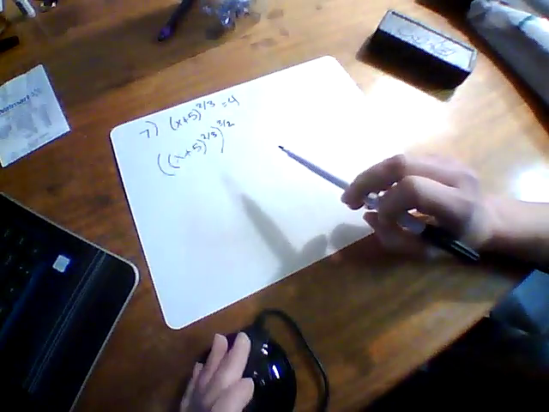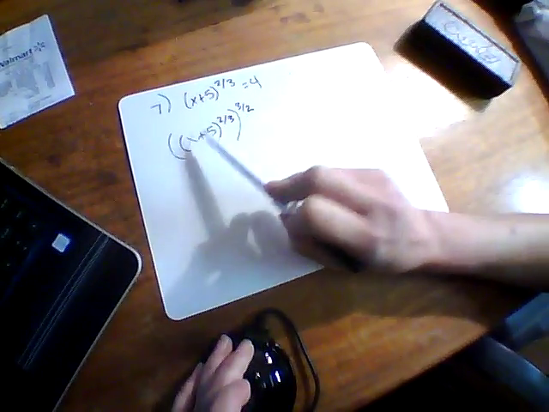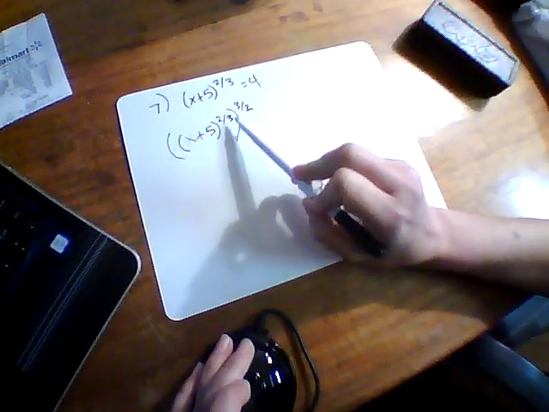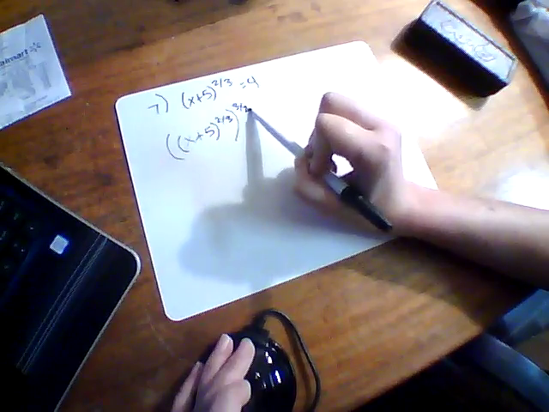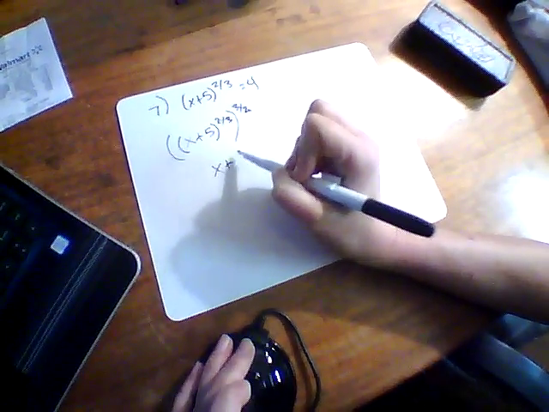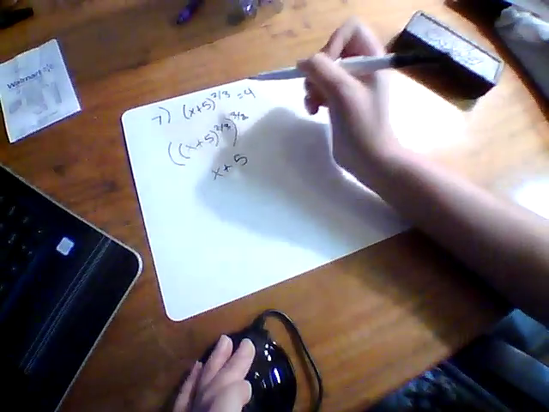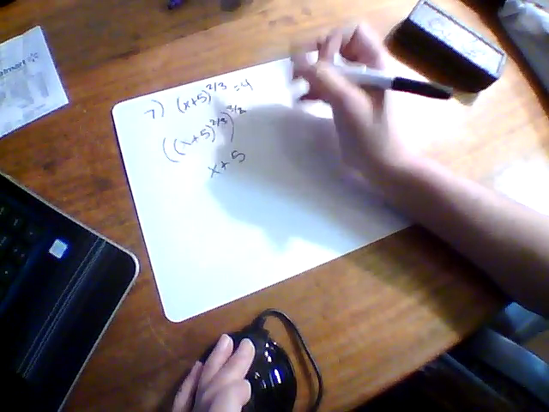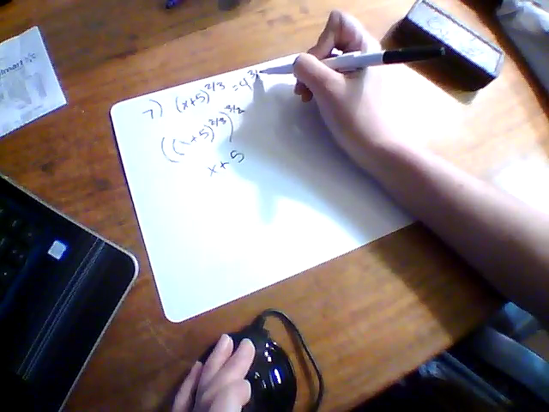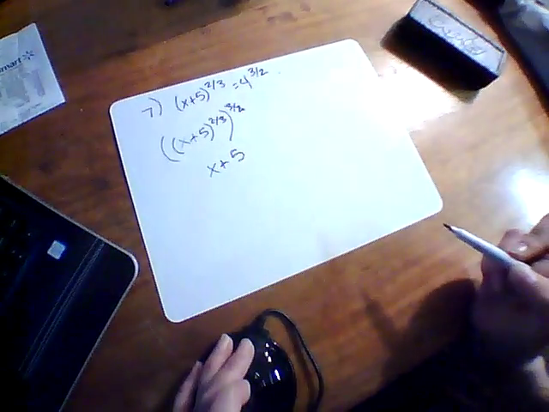We're going to raise the x plus 5 to the 2/3 to the 3/2. That helps us cancel out any exponents and leaves us with x plus 5. But since we raised this side to the 3/2, we have to raise this side to the 3/2.